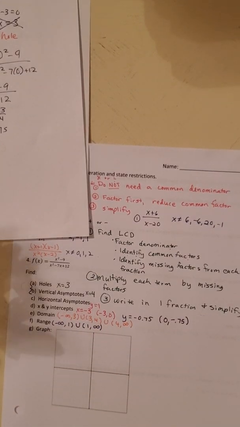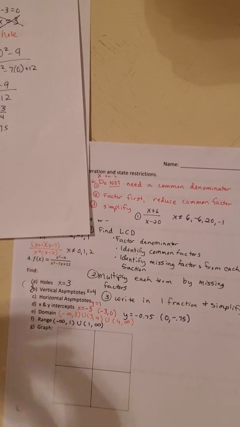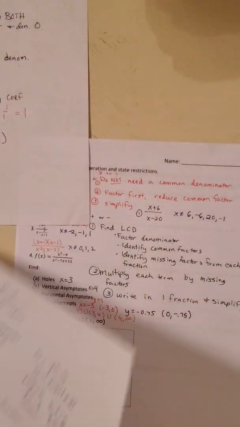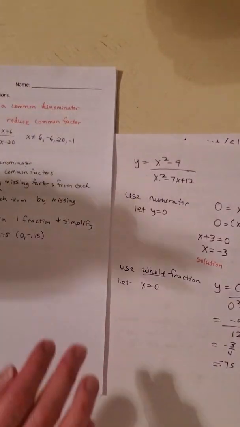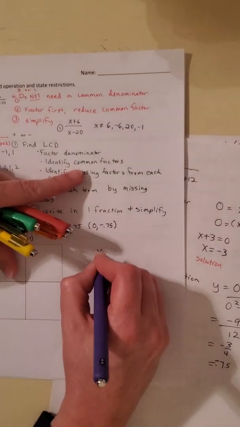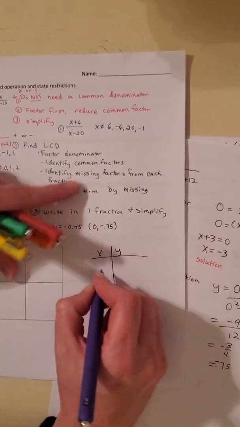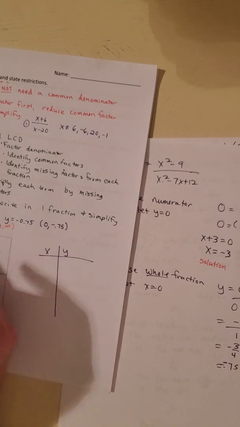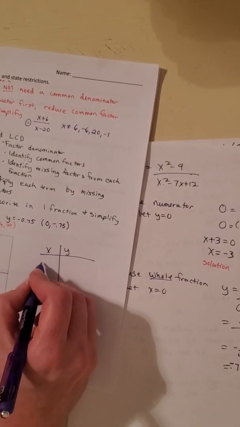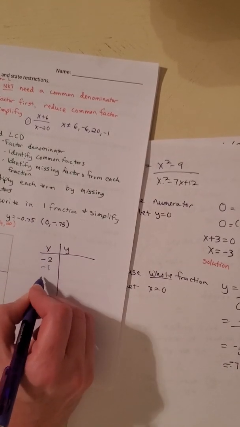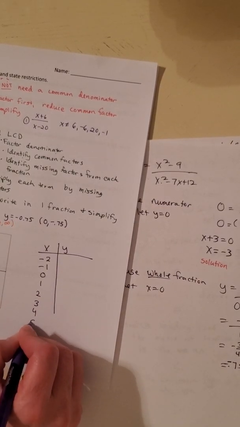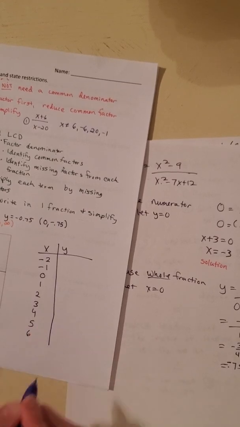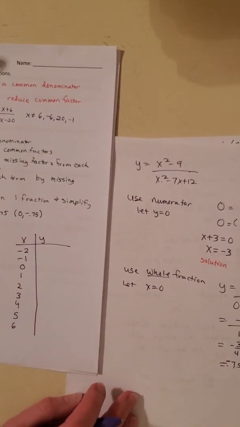All right, now to graph this guy, I'm only going to graph a few points. I'm going to plug in points into my equation and solve. So I'm going to make a little table of values for x and y. I already know some important values. I'm going to try -2, -1, 0, 1, 2, 3, 4, 5, 6. I'll plug in these values and see what I get.